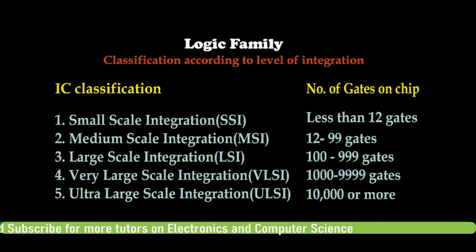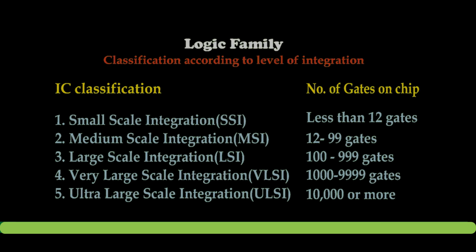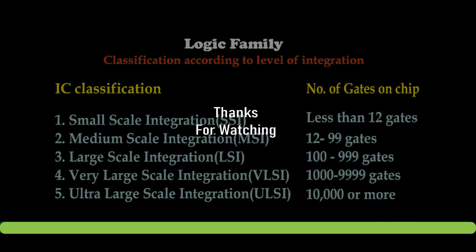So ultra large scale integration has more transistors inside the same single chip. On the basis of how many components are used in a single chip, this type of classification is done. So this was all about the classification of logic families on the basis of devices used and how dense the integrated circuit is. So this was all about logic families.